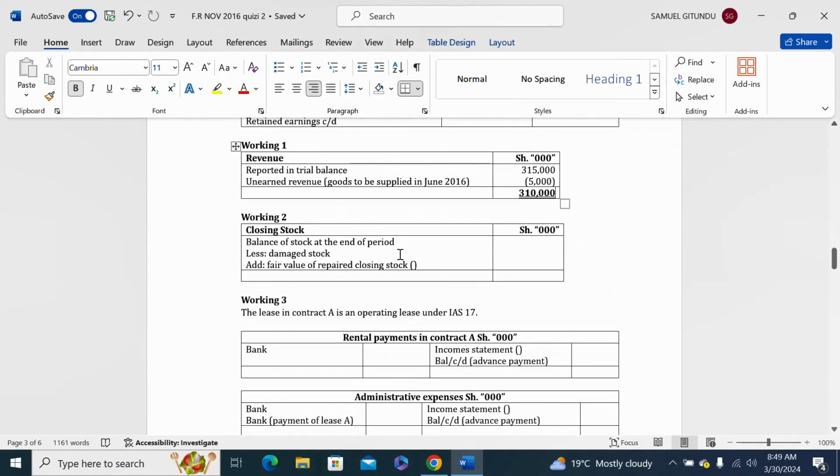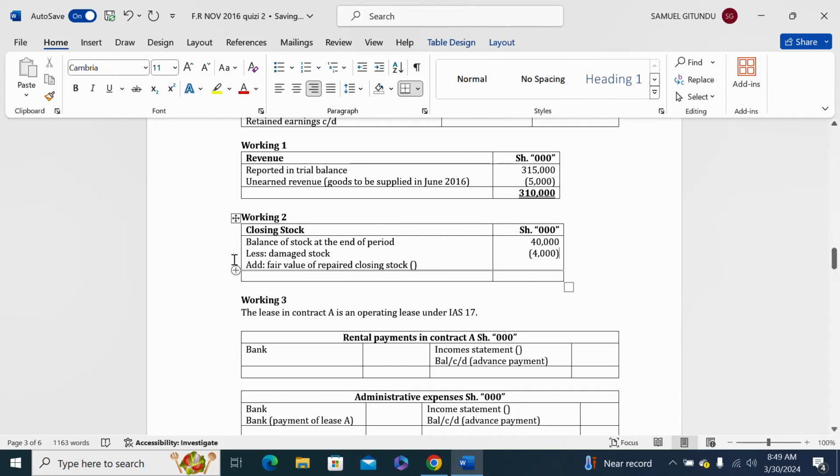So working 2, the balance of the stock at the end of the year is 40 million. We raise the damaged stock because the cost of the damaged stock is 4 million. If you add the cost to repair those damaged stock, you get 4.4 million.